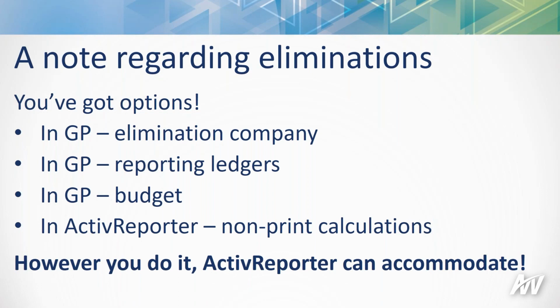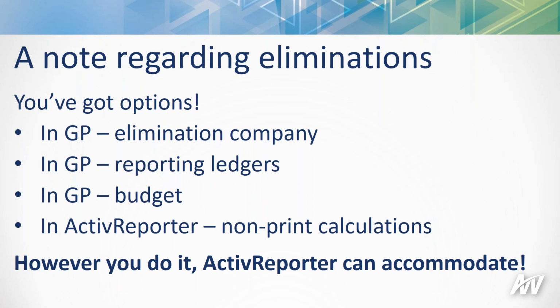So there's several ways to do this within GP. I've seen people use a separate company that they do all of their eliminations with, and then use your reporting to add the elimination entries in. You can use reporting ledgers within GP.